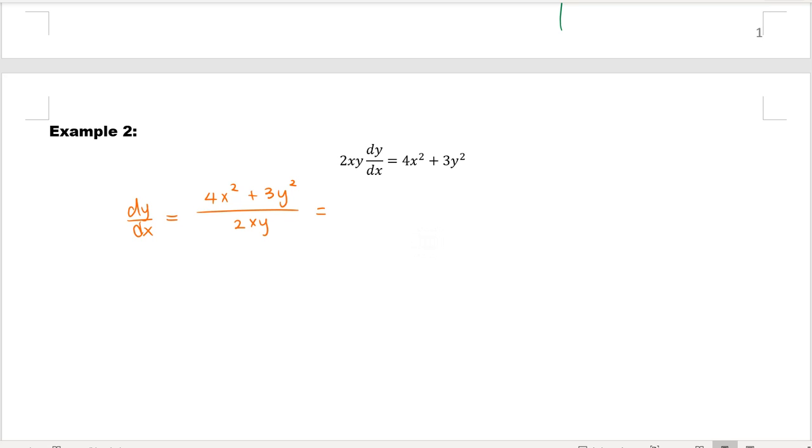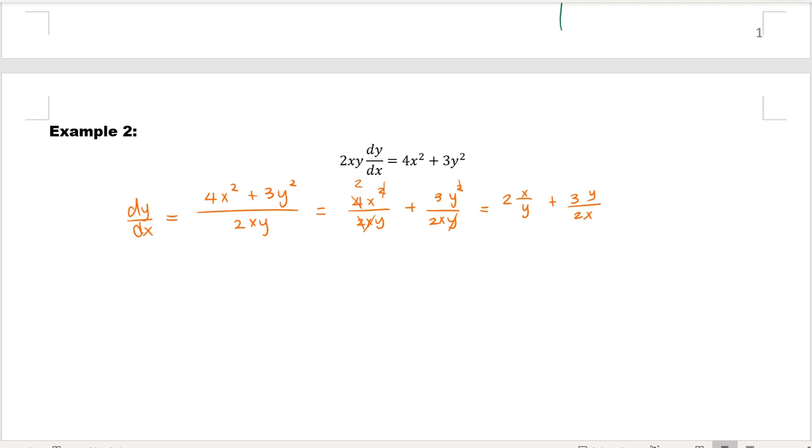So let's split them: 4x squared over 2xy plus 3y squared over 2xy. Alright, in this guy, one of the x cancels, and 4 and 2 cancel, we get 2. So we get 2x over y, plus here the y cancels, so 3y over 2x.